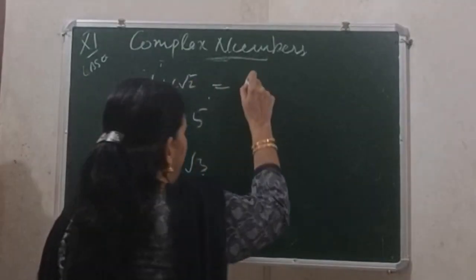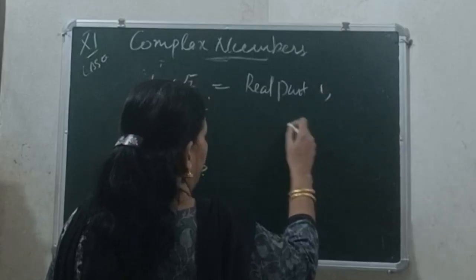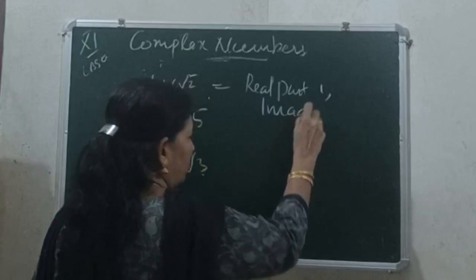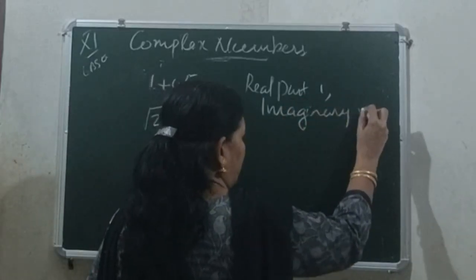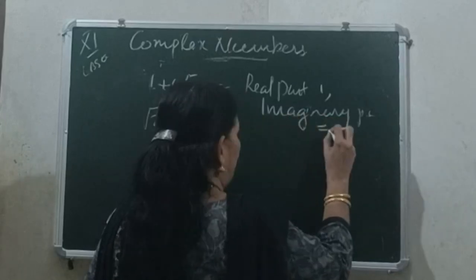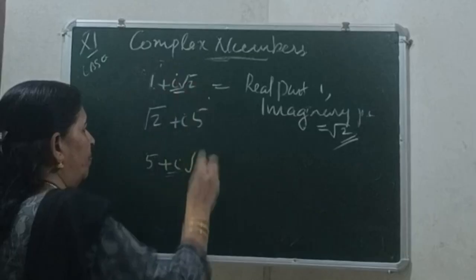Similarly, here the real part is 1 and in this complex number the imaginary part is root 2, that is the number which comes along with i.